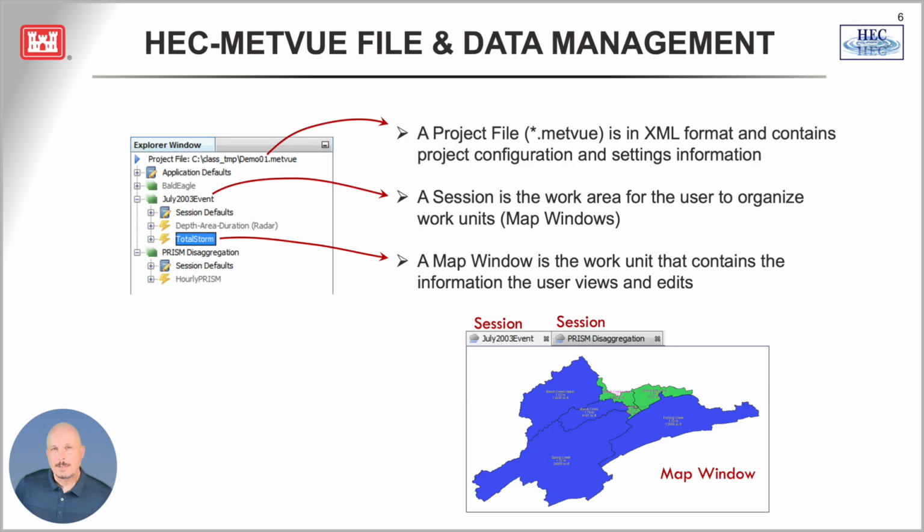There's really a lot of flexibility for choosing how many sessions and map windows to work with. They can be divided based on different watersheds or products or analysis type. One thing to note though, calculations or synced animation with multiple map windows can only be done in the same session.